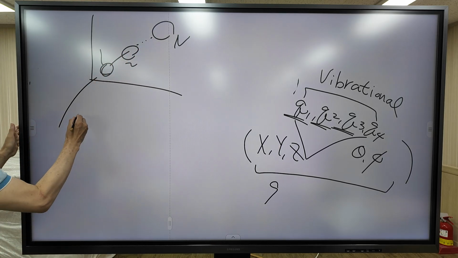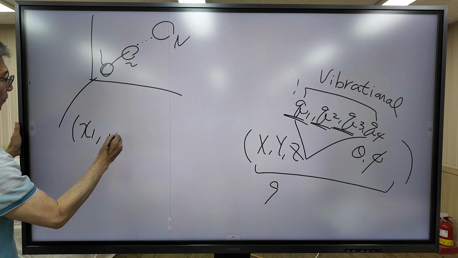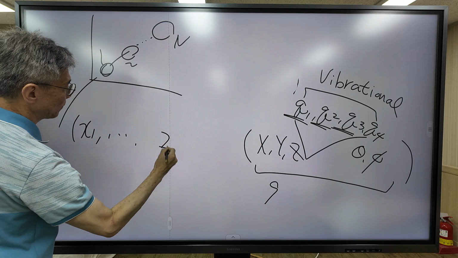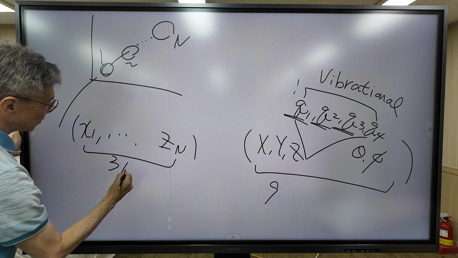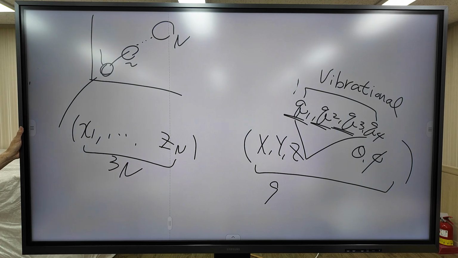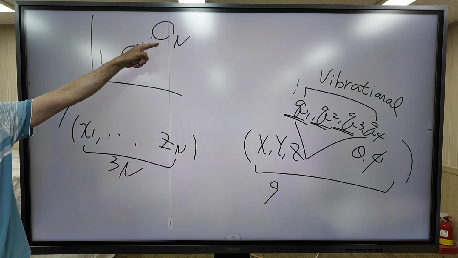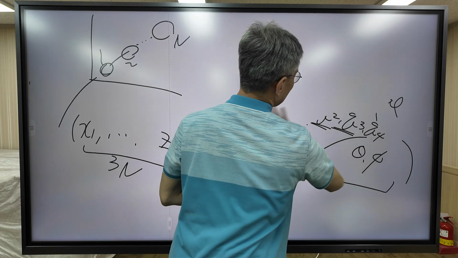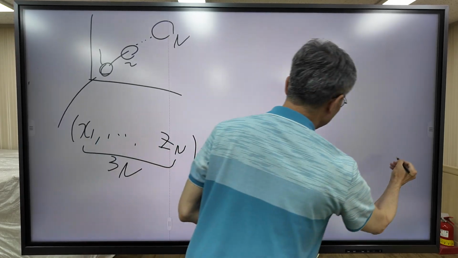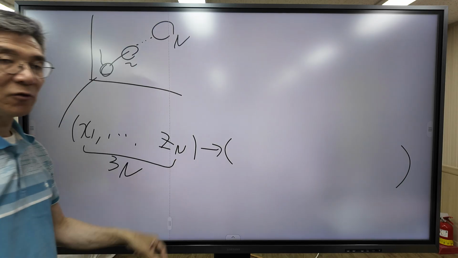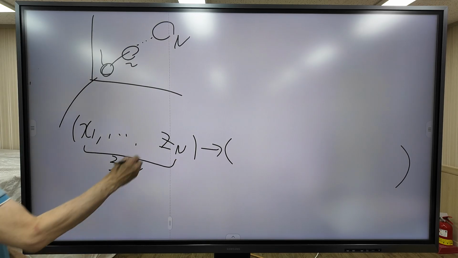How many coordinates do we need? We need a total of 3n coordinates, right, when there are n atoms. So we are going to develop 3n new coordinates for this molecule.